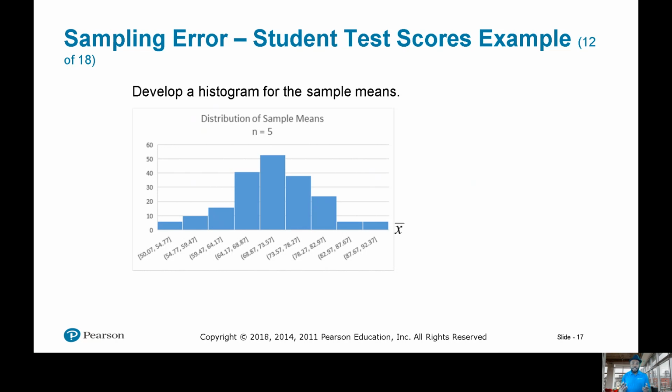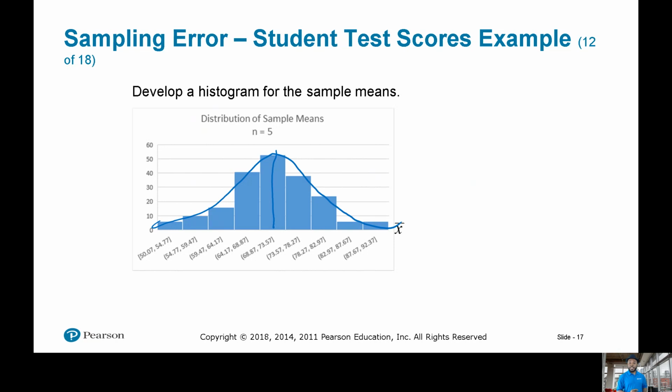So this distribution looks kind of bell-shaped, right? You can fit a bell-shaped curve around this. And we can find the mean of the sampling distribution.